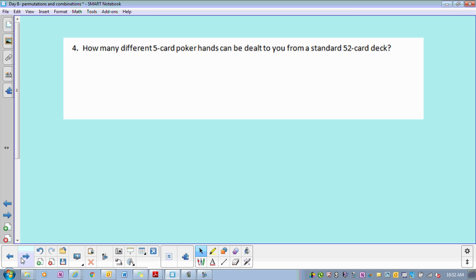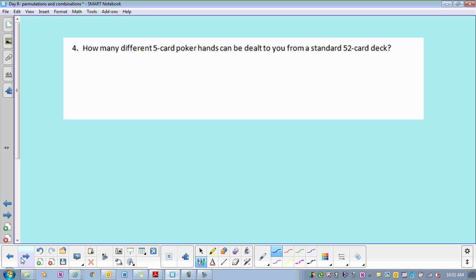All right, so let's look at the next one. How many different 5-card poker hands can be dealt to you from a standard 52-card deck? Now, does the order matter here? Did they say anything about the order? No. The order doesn't matter. We're just talking about 5 cards, right? So is this a P or a C?